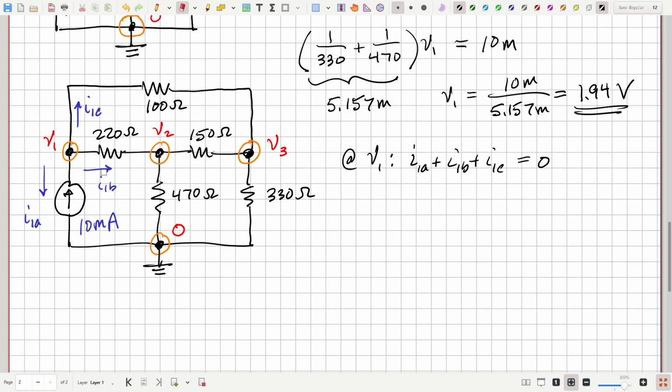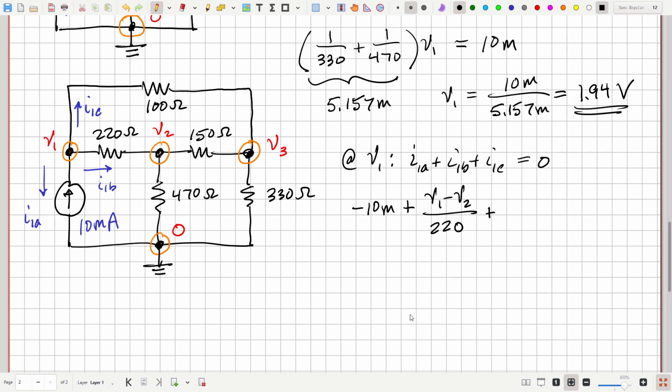Okay, I1A here, let's see, that would be current going down. Well, there's 10 milliamps going up, so I1A is minus 10 milliamps. Leave off the units. Plus I1B, let's see, this is current through a resistor. So it's voltage drop V1 minus V2 in the direction of the current. So V1 minus V2 over the resistance, which is over 220.